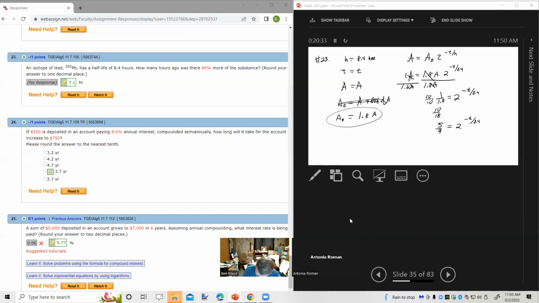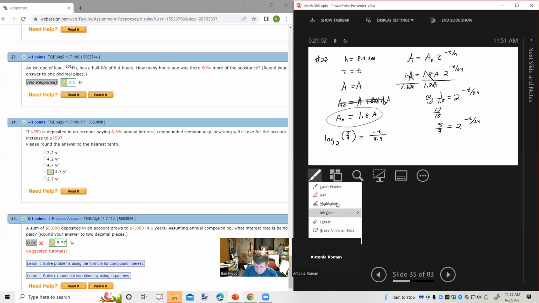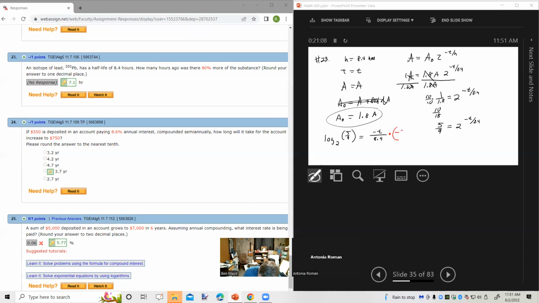Yes. So now I'm going to get log base 2 of 5/9 equals negative t over 8.4. It's changing it into a logarithmic equation. I'm going to multiply both sides by negative 8.4.